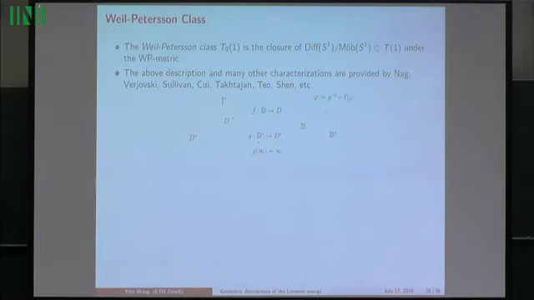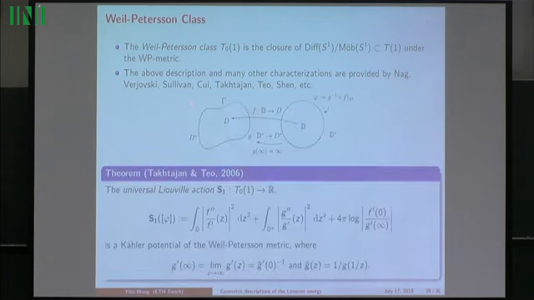The Weil-Petersson class is just the closure of this smooth part under this metric, denoted by T0(1). This description was given by many people in the late 80s and the 90s, and also in 2006 there's the work of Yilin Wang, and even three years ago the work by Shen Yuliang. They all work on this class.